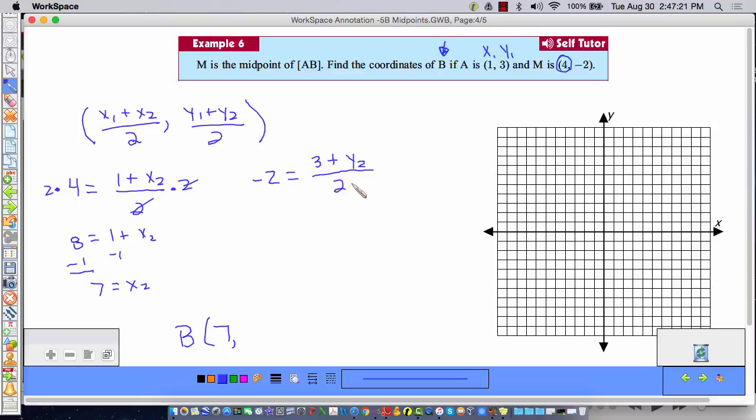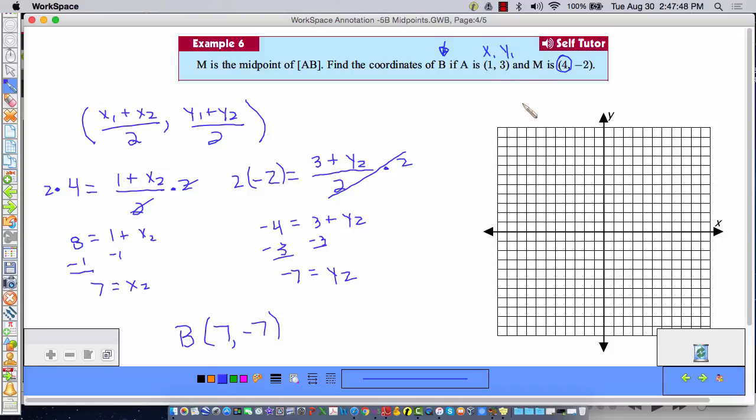Multiply both sides by 2. -4 equals 3 plus y2. Subtract 3, and I get -7 equals y sub 2. So my point B is (7, -7).